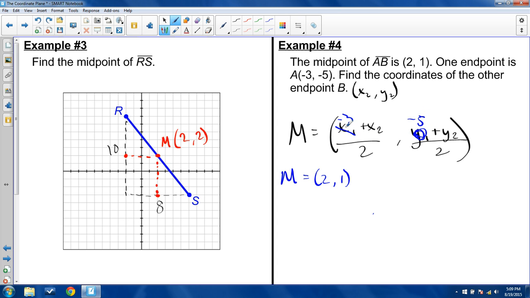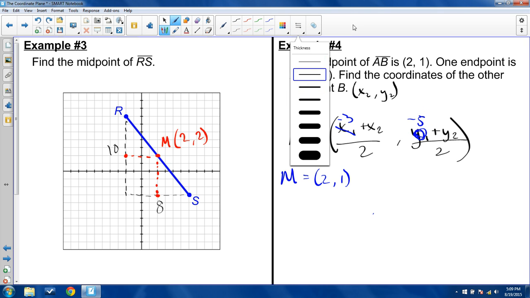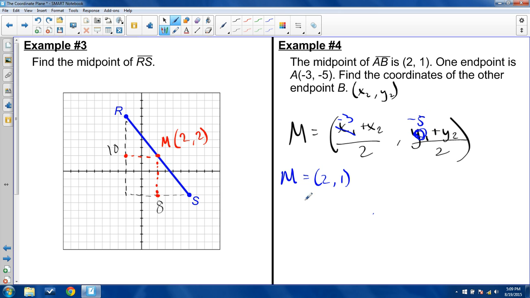So I'm going to create two different equations to find out what x2 and y2 are. That'll help me find the endpoint B. So 2 is equal to -3 plus x2 all over 2. And 1 is equal to -5 plus y2 all over 2.